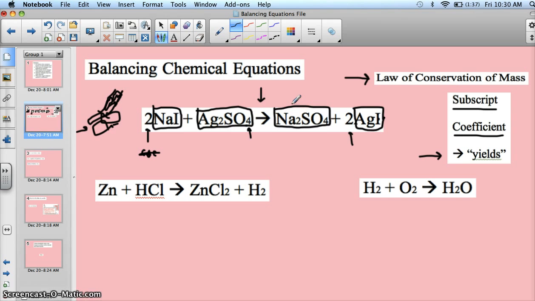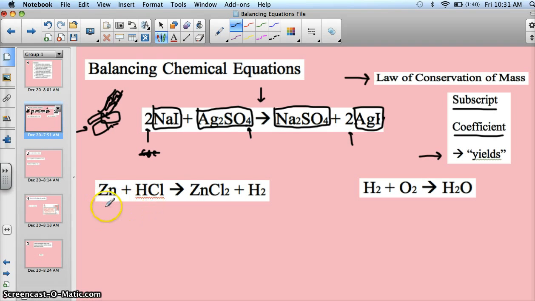Well, why don't we go ahead and start looking at some chemical equations. Here you have an unbalanced equation. All you have is just the elements and the compounds. So this is where, if you were to put boxes around them, you'd go ahead and do that.